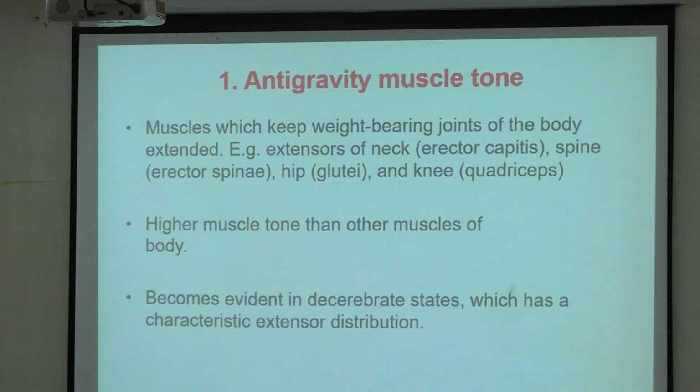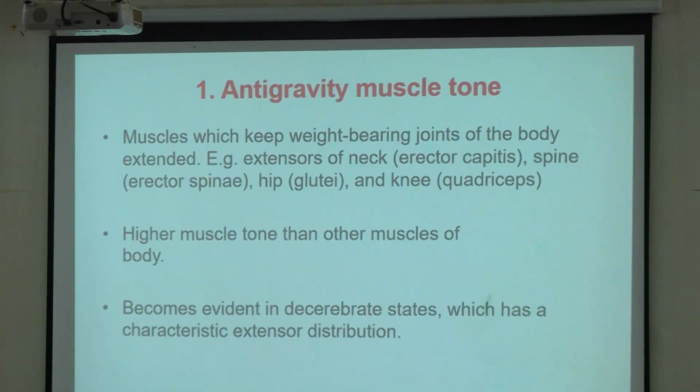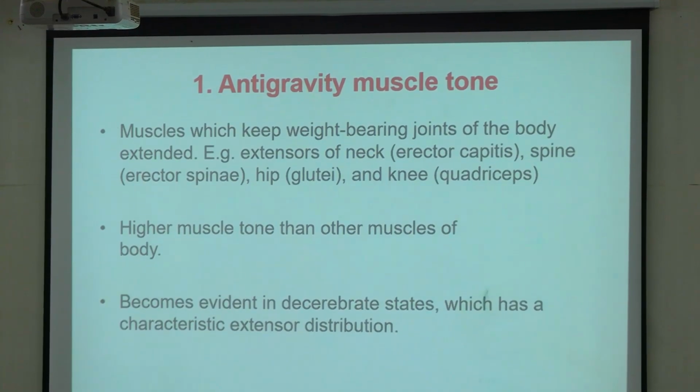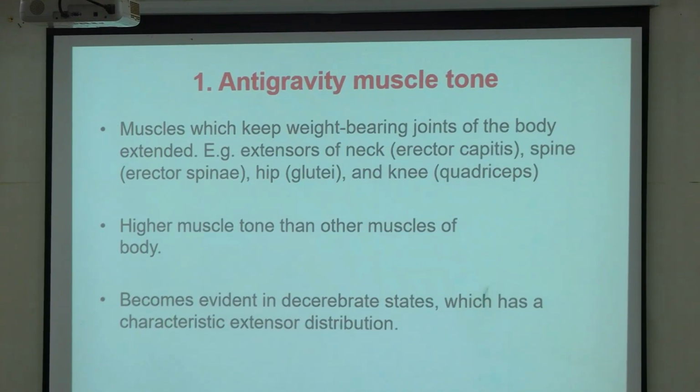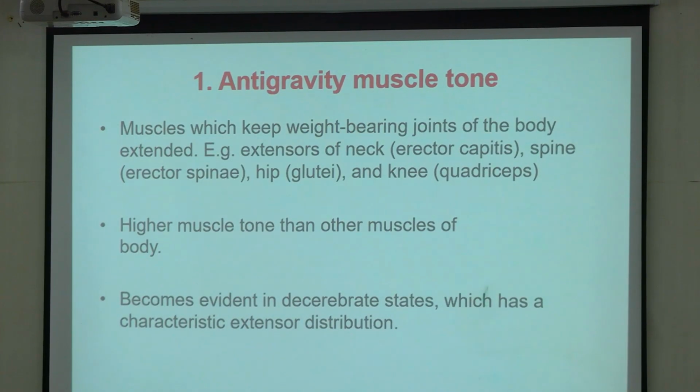And usually, right, these muscles have a higher tone compared to the other muscles of the body. So the body is built like that, anti-gravity muscles, the resting tone is slightly higher than the other muscles of the body. And decerebrate posturing that we saw in the last class, you remember there was a characteristic extensor predominance in decerebrate posturing.